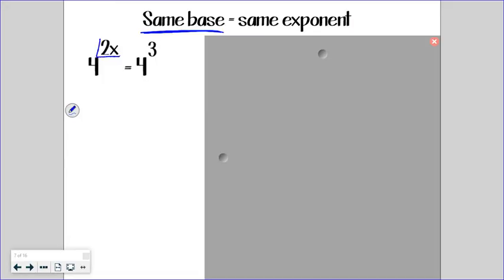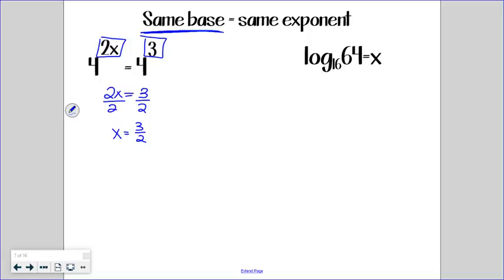So we would be able to zoom in on our exponents and say that 2x has to equal 3, or that x would equal 3 halves. Now, that is the end of this next problem, but what if it doesn't start with the same base? You will be able to manipulate to get there. So this kind of uses that concept.